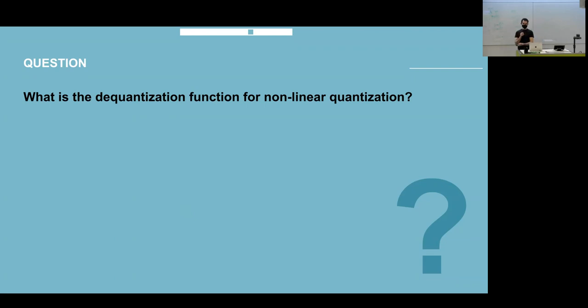But what is my dequantization function? What is the function to do dequantization? Each number now is represented by an index, so how do I get the number?